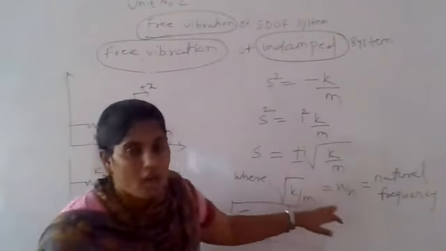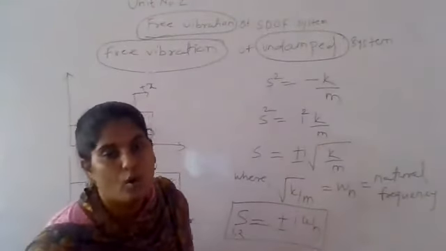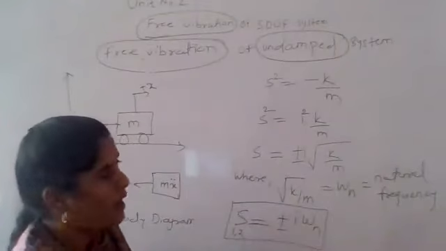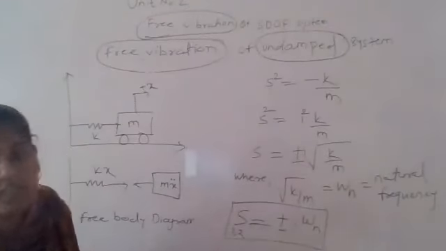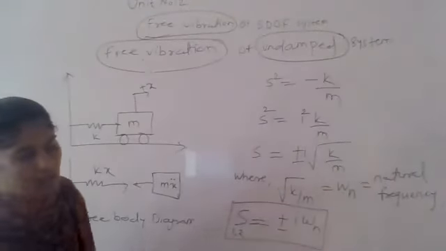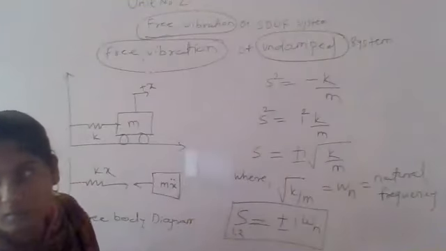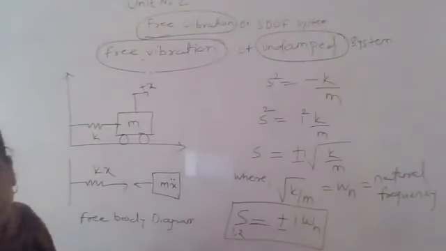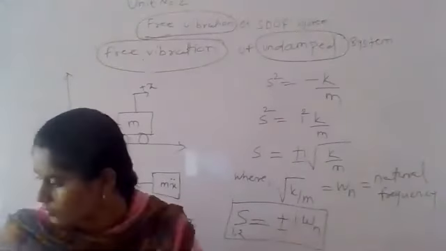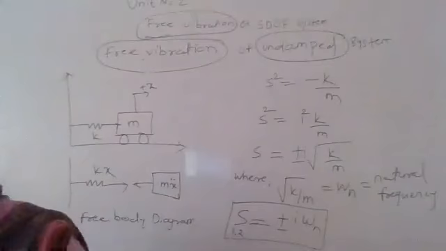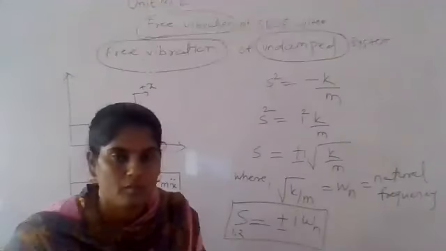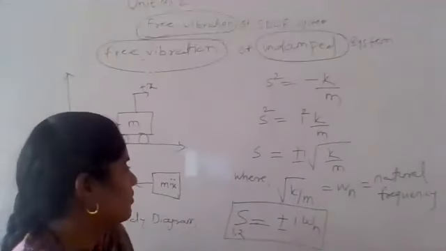Write down this formula on the top in your notebook: omega n is equal to root of k by m, which is the natural frequency.